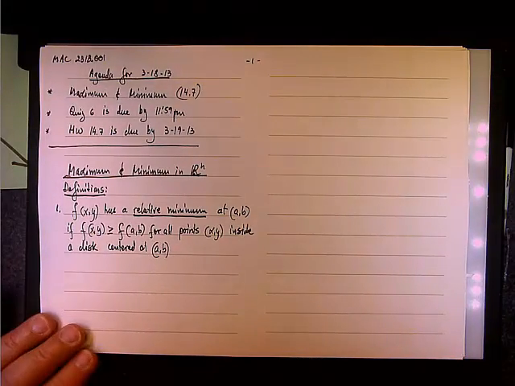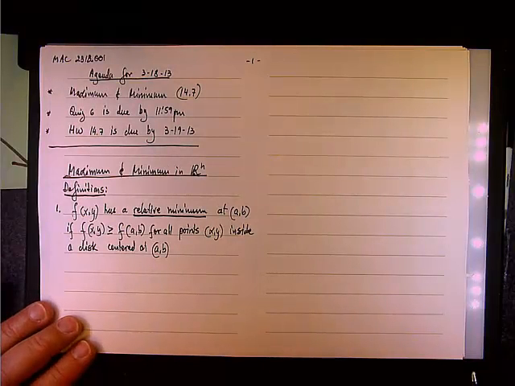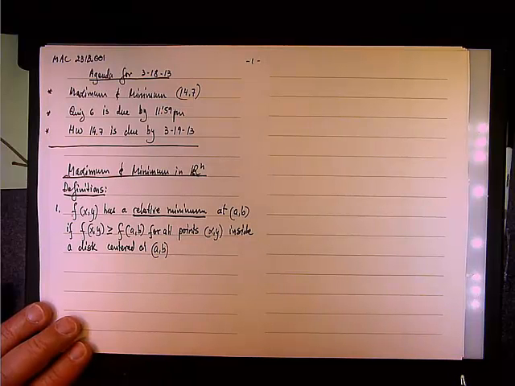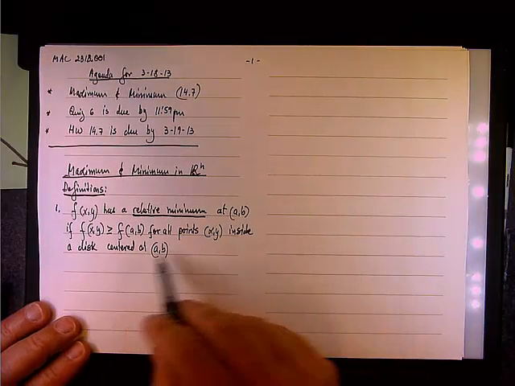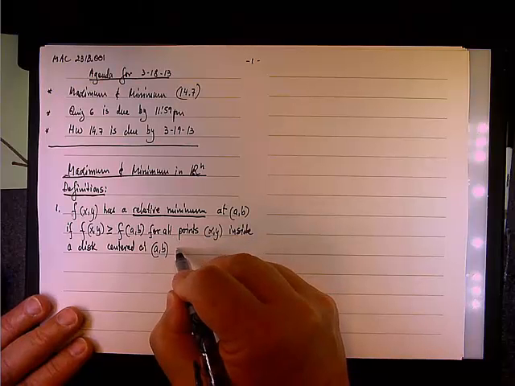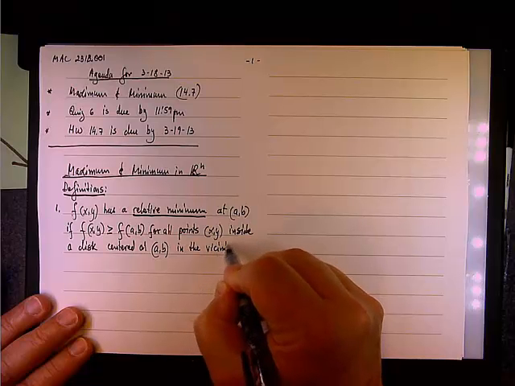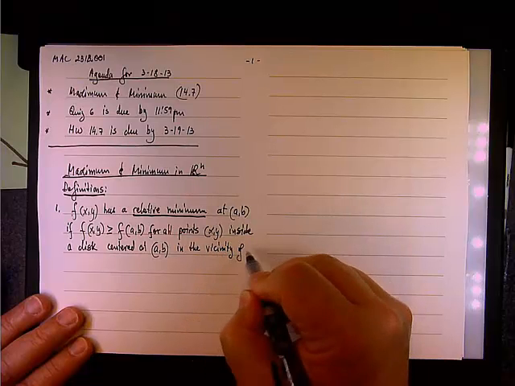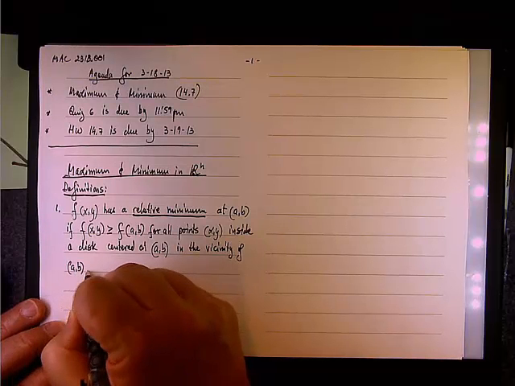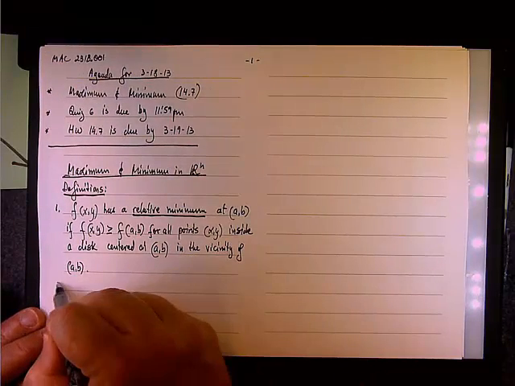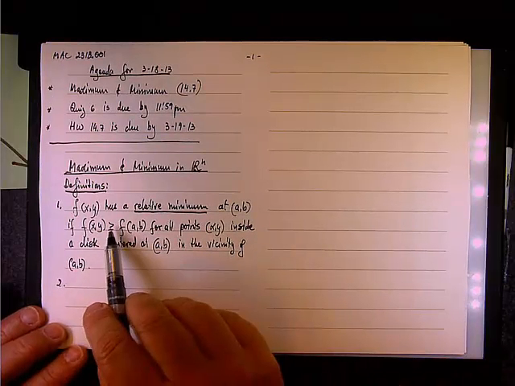Now this disk cannot be too big. In single variable, the way we phrase it, we said near x equal a, all points f of x near x equal a. Here we're going to say inside the disk centered at a, b, in the vicinity of a, b. So a little bit of a mouthful, but this is how we define relative minimum.